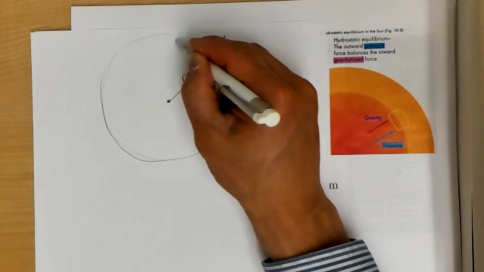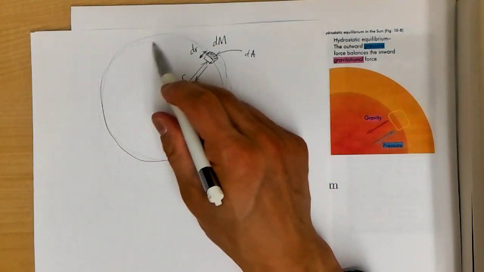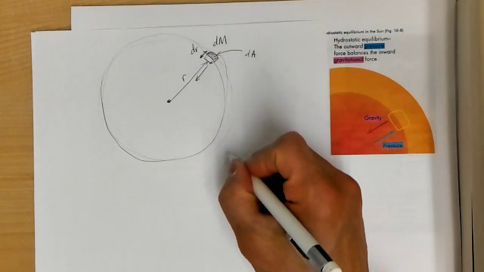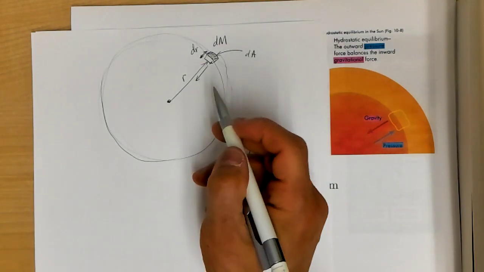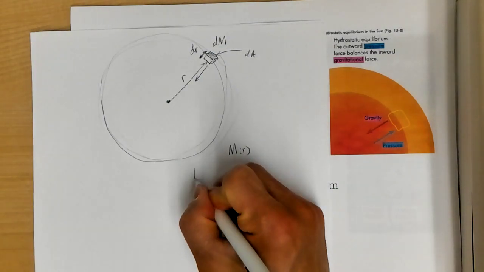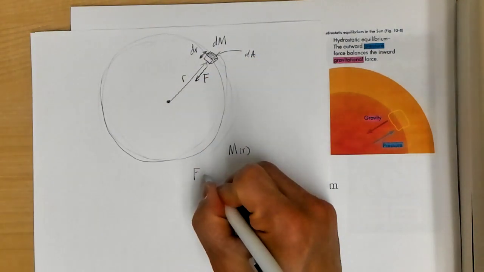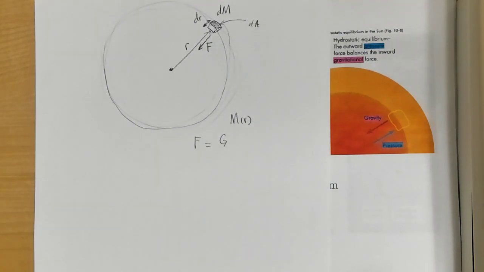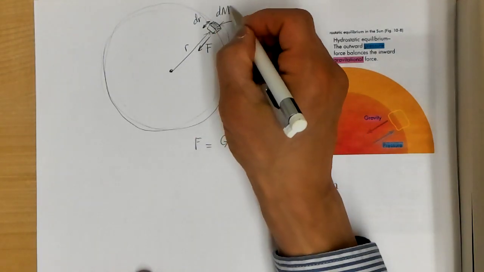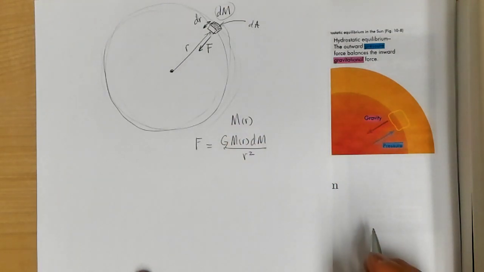Remember, with an inverse square force law like gravity, we see all the mass that's within the radial distance that we are probing. So let's say capital M of r is the amount of mass within this sphere of radius r. Then the force of gravity pulling this element towards the center will be equal to Newton's universal constant G times the mass of the star up to that radius times the mass of that little element, so G m1 m2 divided by r squared.